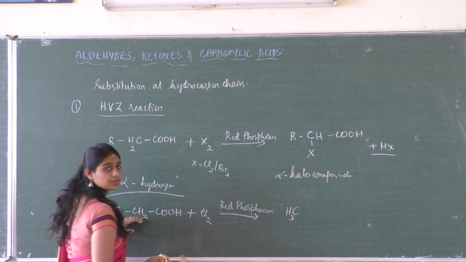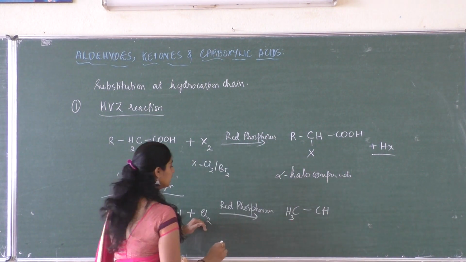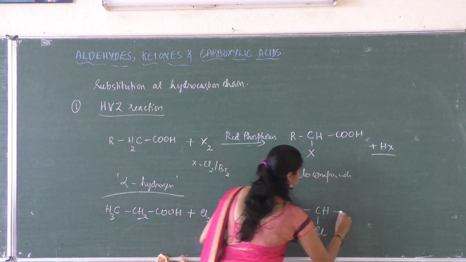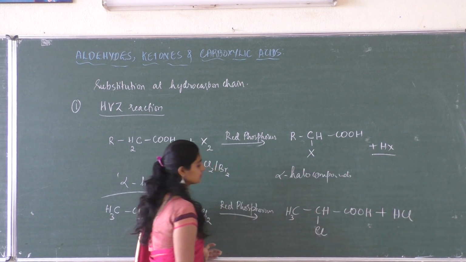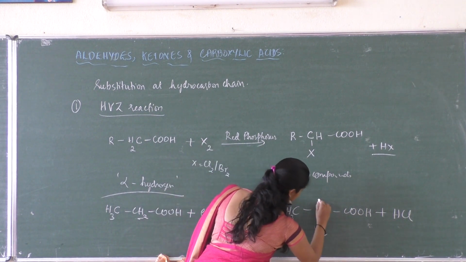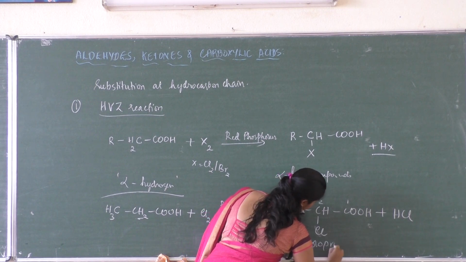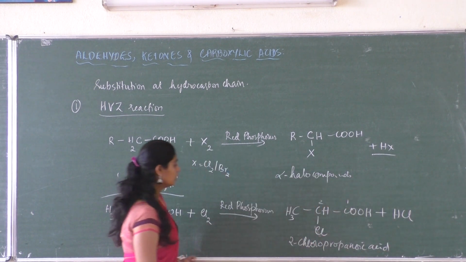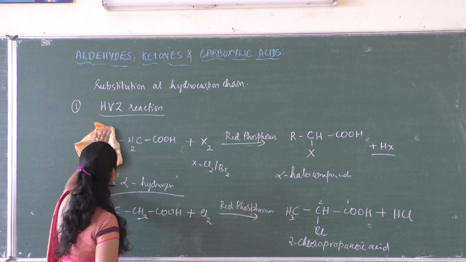Then instead of CH2 you need to write CH, where one hydrogen is replaced by one chlorine atom, then COOH as such, plus HCl. So this is nothing but 2-chloropropanoic acid, 2-chloropropanoic acid.